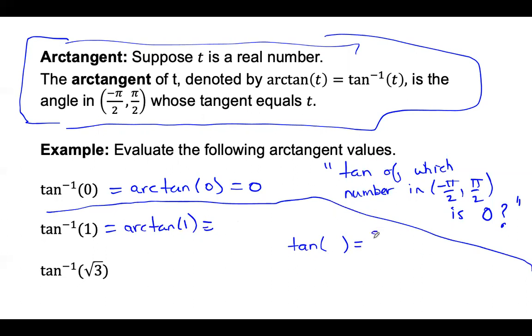We know that tan is sine over cos, and it also has to be between negative pi divided by 2 and pi divided by 2.